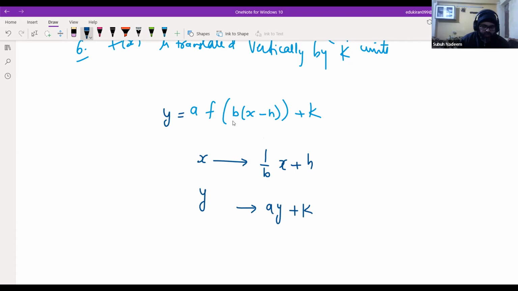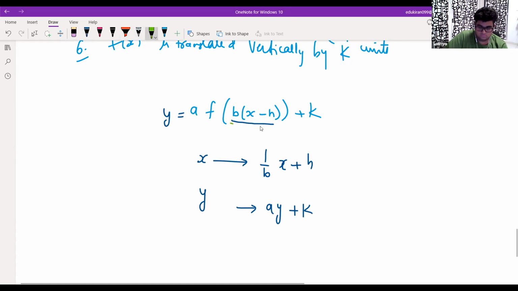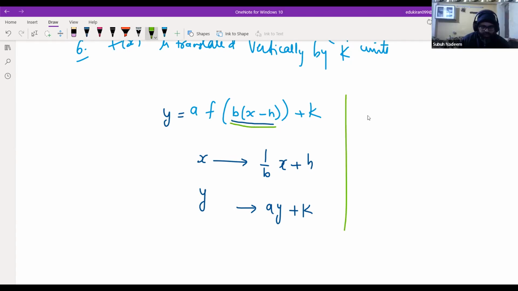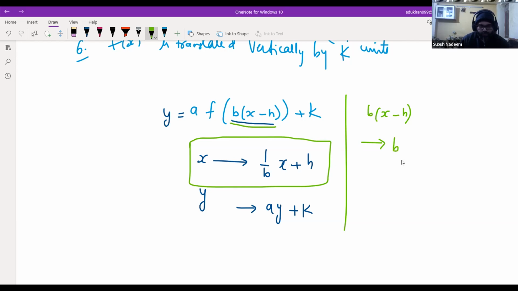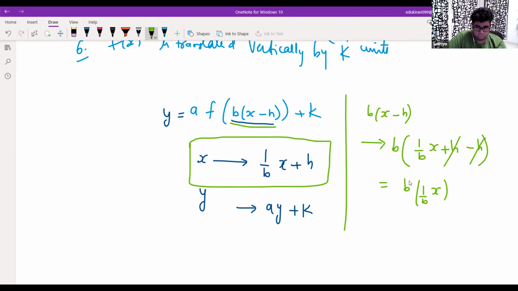Inside, we have b(x minus h). When you apply this transformation, you write b, and x is 1 by b x plus h, and then minus h. So the h's cancel, b into 1 by b x, the b's cancel, and you get x.